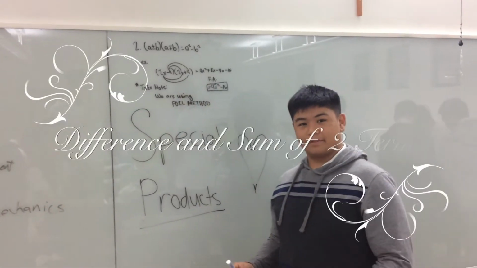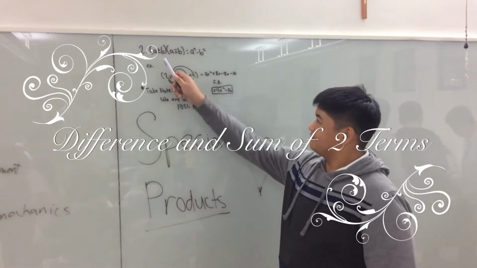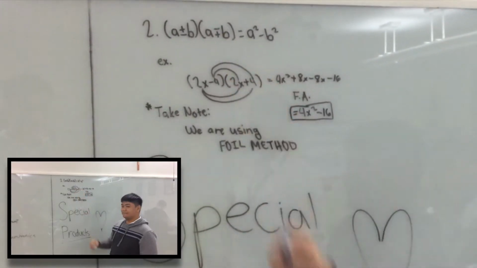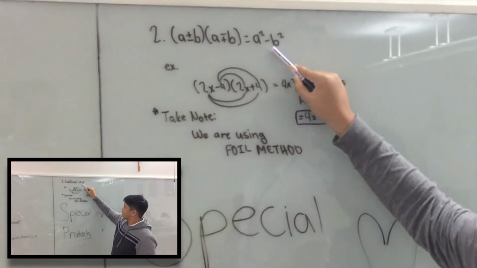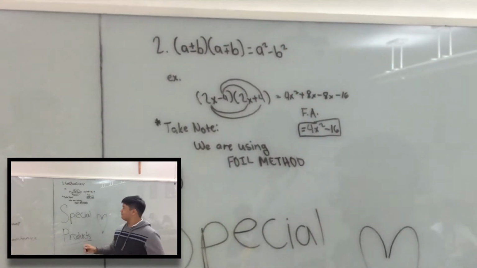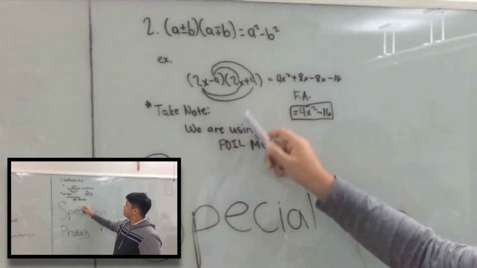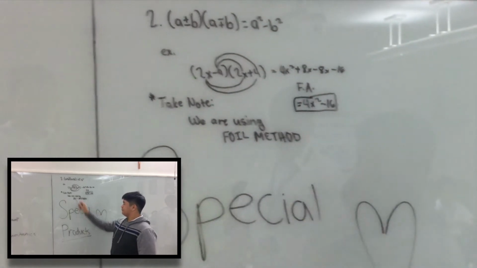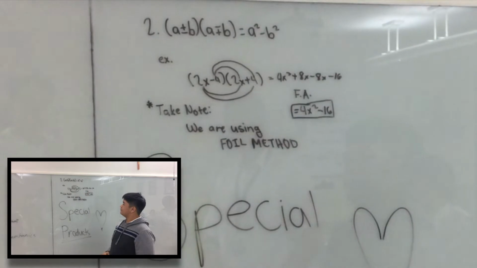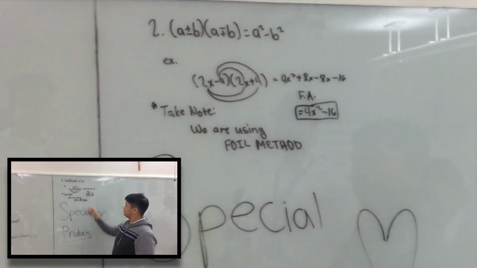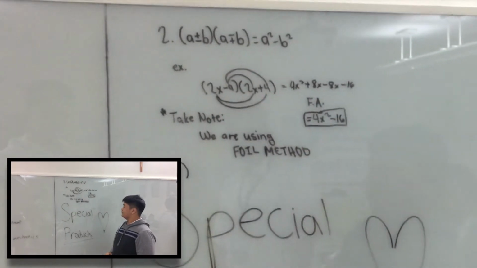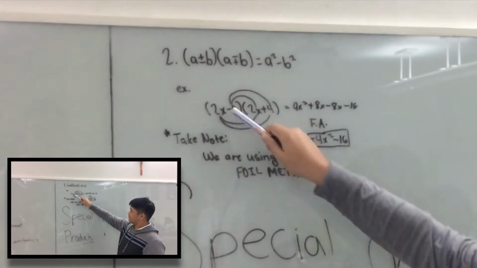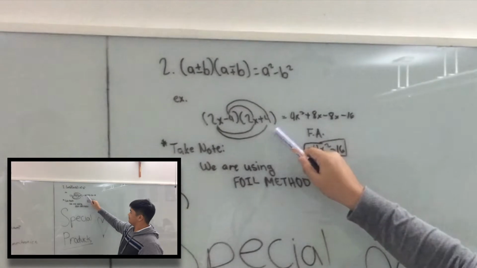For our second special product, we'll be looking at (a ± b) times (a ∓ b). This will give us the answer of a squared minus b squared. For our example, (2x − 4) times (2x + 4), we will simply use the FOIL method. First, we will multiply the first terms, 2x times 2x, which will give us 4x squared. Next, we will multiply the outside terms, 2x times 4, which will give us 8x.